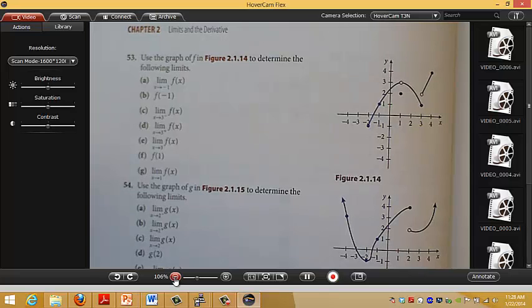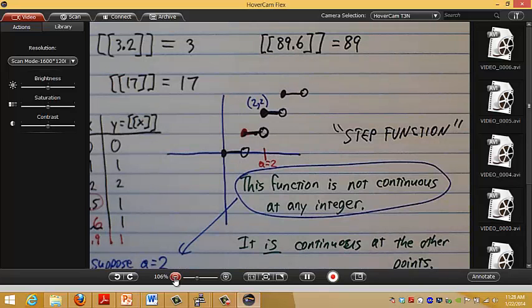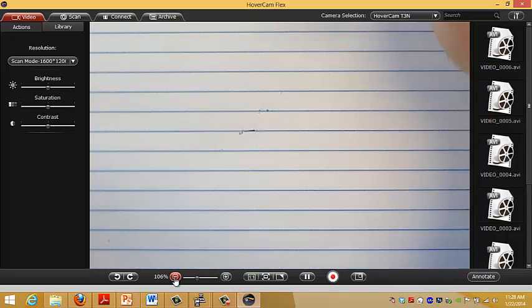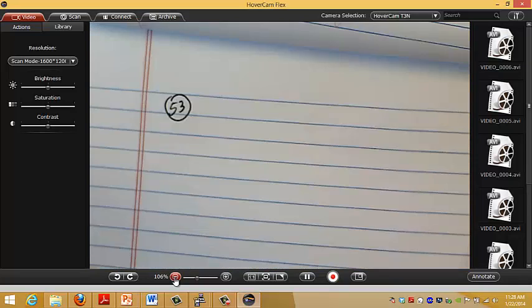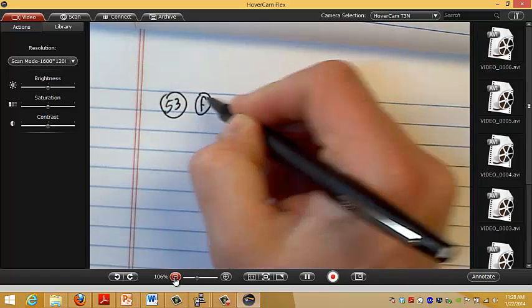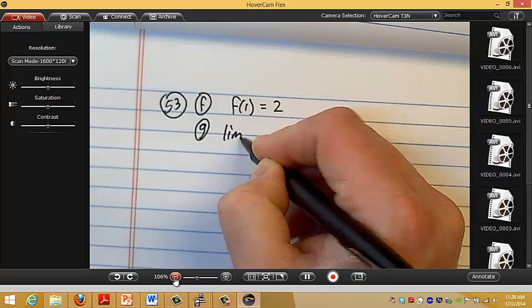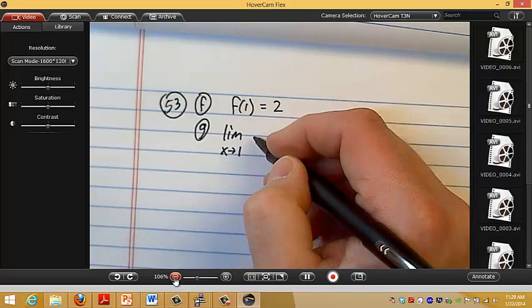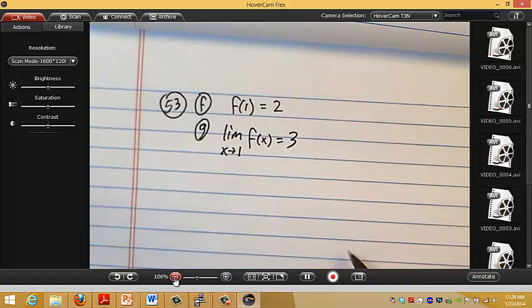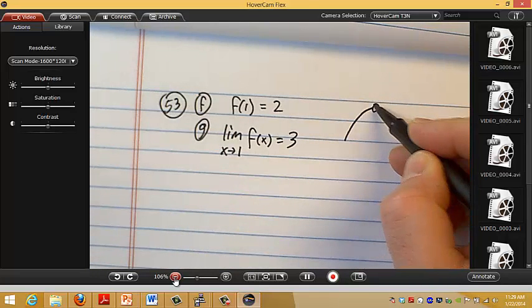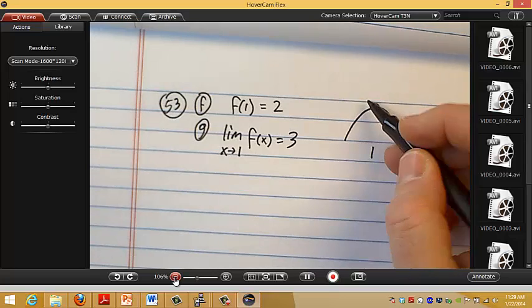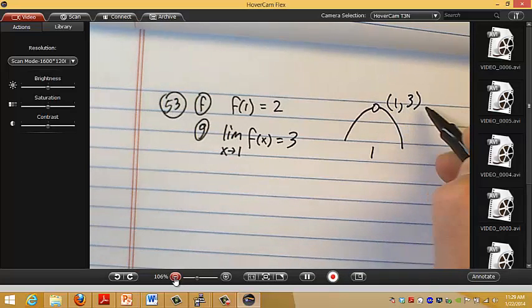So for number 53, I think that's an important distinction to make. When we have that situation in part F where they say f of 1 is 2, but part G, the limit as x approaches 1 of f of x is 3, those aren't the same, right? Because as we get close to 1, the outputs are getting close to this hole, which is at 1, 3.